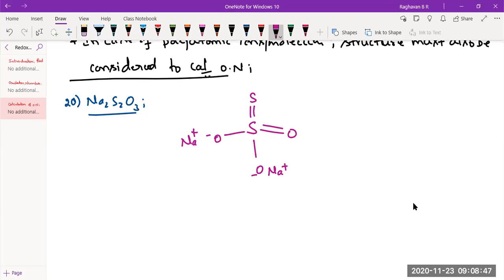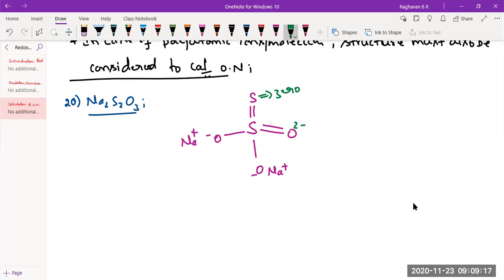Now you need to calculate the oxidation state. This is the bound sulfur. It doesn't have any charge there. It will have 0 oxidation state, because it is attached to the same element. Now this oxygen which is completely bound to this sulfur will have 2 minus.